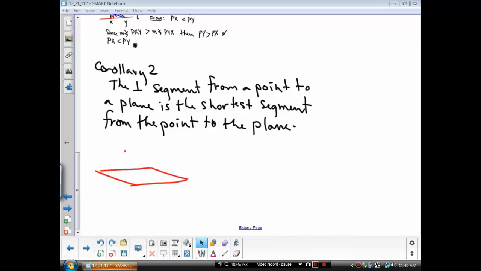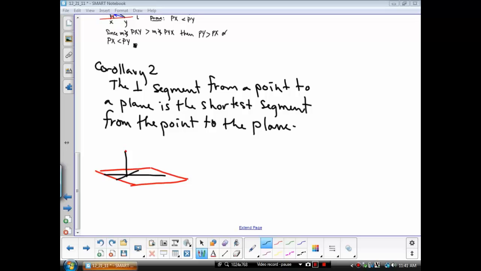In order for a line to be drawn perpendicular to a plane, it will be drawn perpendicular to every line that is on the plane. So if there was more than one line here, it would have to be perpendicular to both of those lines in the plane.